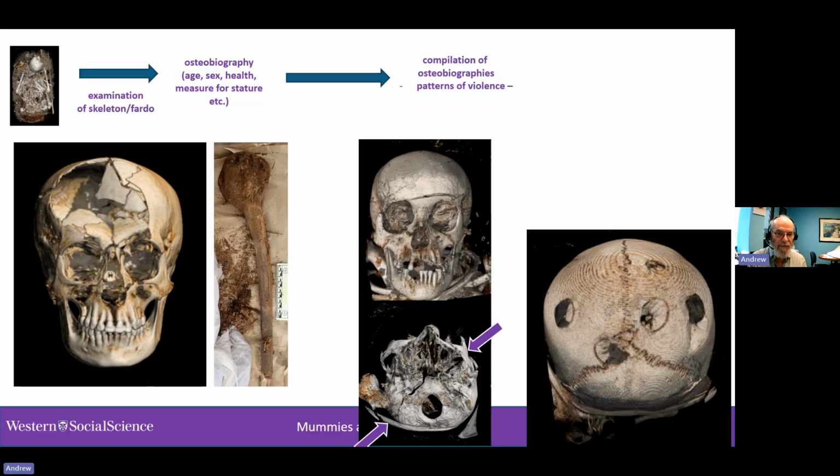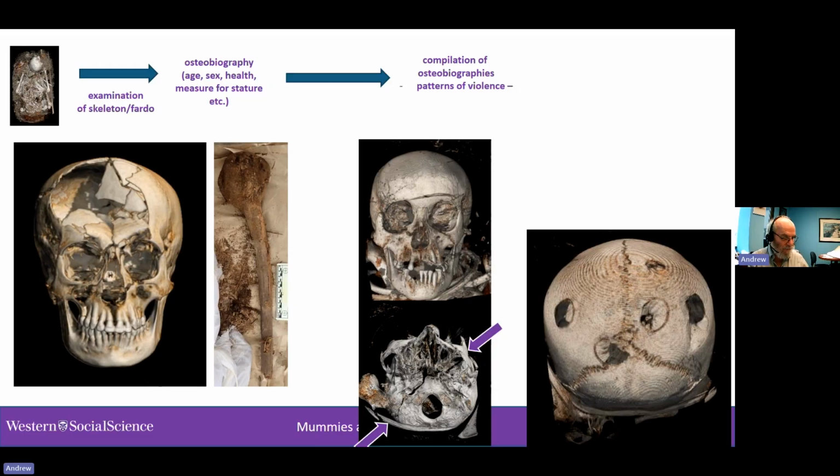And perhaps even more extreme is this 6 to 8 year old child, who has 5 penetrating blows to the posterior part of the skull, and then this very major fracture to the face. In the basal view, you can see that's even led to cracks going right across the base of the skull.